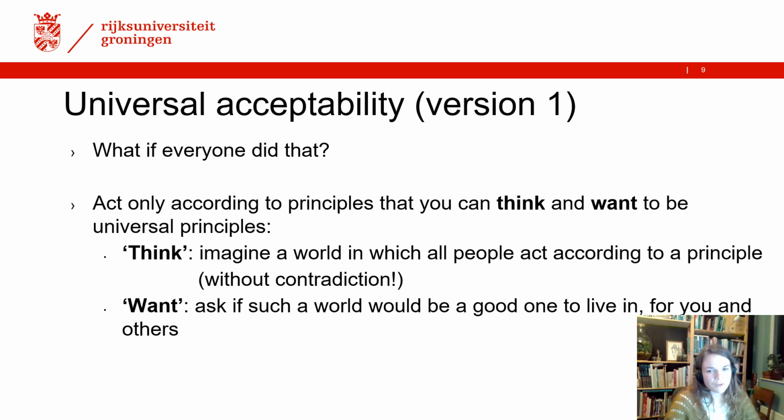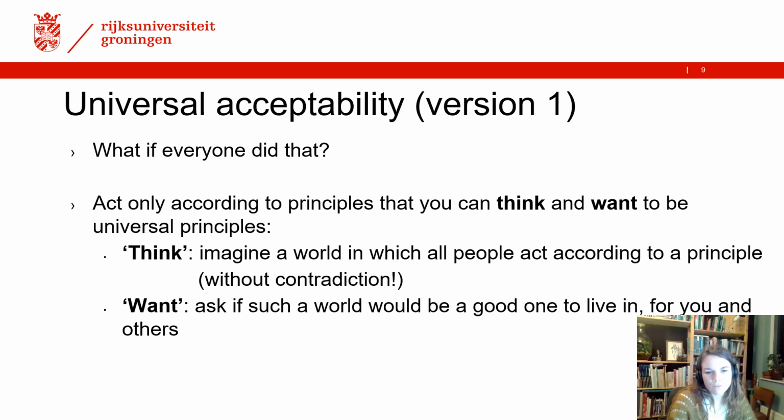So the universal acceptability version of the categorical imperative, let's call it version 1, tells you that you should only act according to that rule of which we can think and want it as a universal principle without contradiction. Right? So the question here is, well, imagine that you're going to do something.